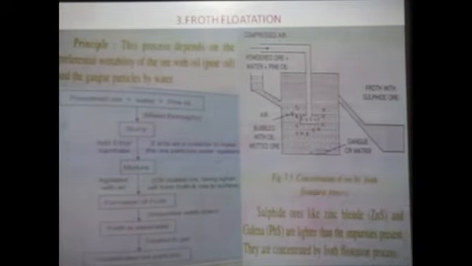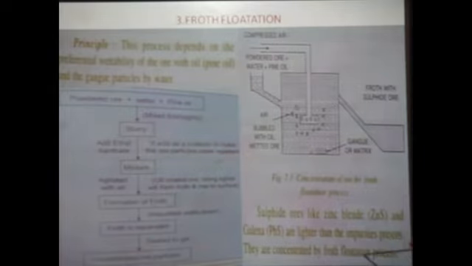Then froth flotation is done for sulfide ores like zinc blende, ZnS, and galena, lead sulfide, which are lighter than the impurities. So here impurities should be heavier than the ores.